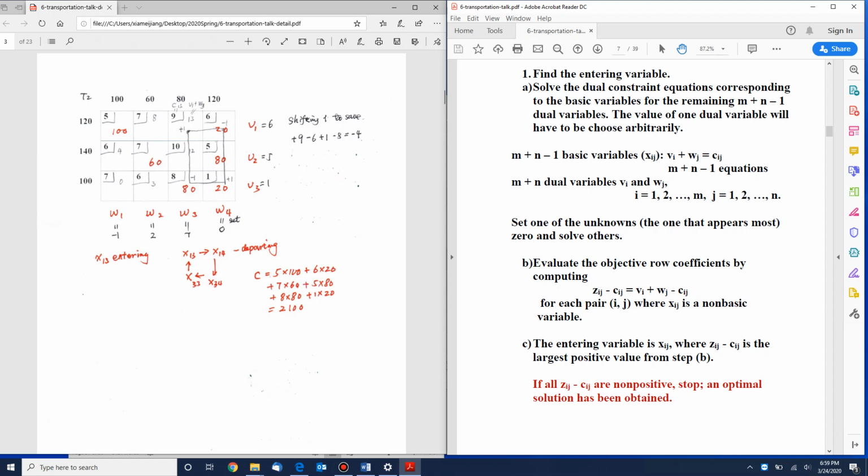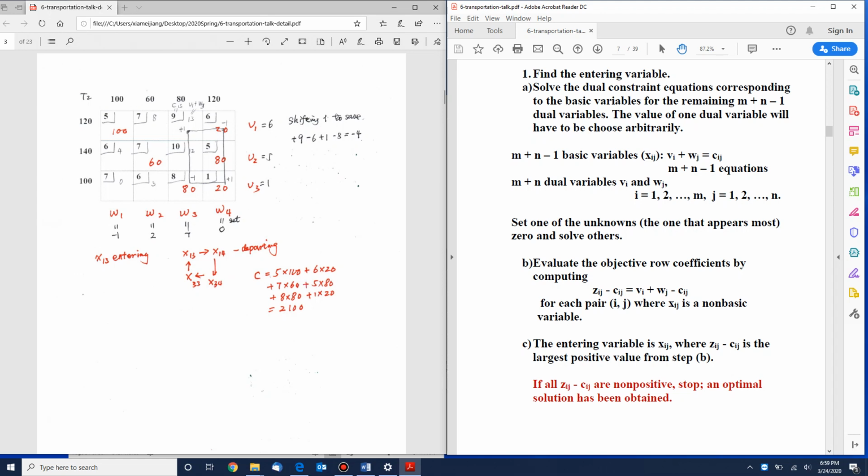That is x what? x33, right? So that minus 1 there. And then when that x33 minus 1, that means x34 increases 1, and we go back to x14 decrease 1. So in this way we build up a loop.